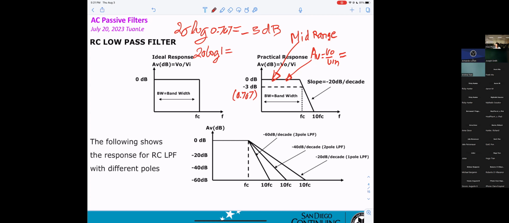The log of 1 is 0, correct? Log of 1 is 0, and 0 times 20 is 0. However, you asked what is the gain of the mid-range? Basically, the gain of the mid-range is supposed to be 1.